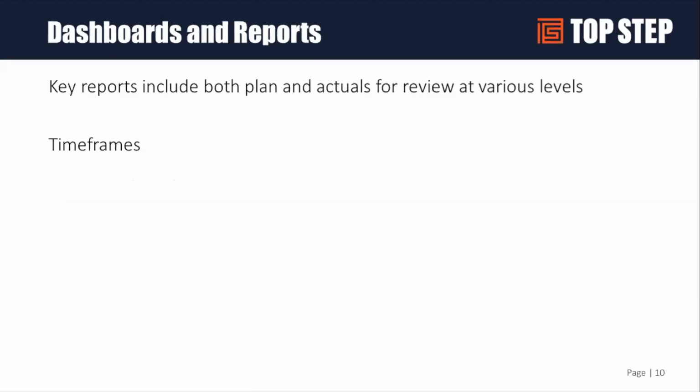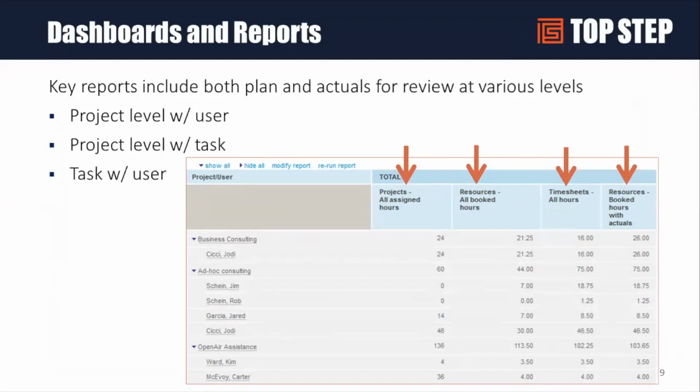Okay. So I said all that while not showing anything on the screen. So if you look at this screen right now, it's showing you total projects. You can see that for this business consulting project, I have 24 hours budgeted, but the way that I'm burning it right now based on my current schedule, I'm going to end up burning 26. So is that 2 hours overage something that I should be concerned about? Is the customer okay with that?